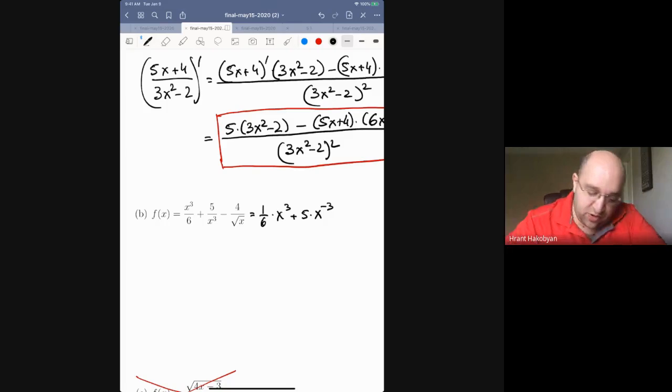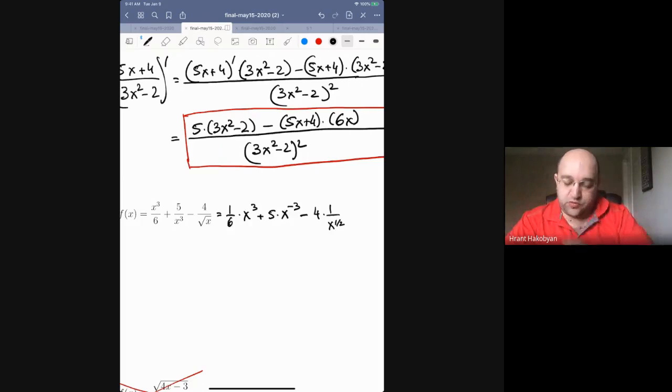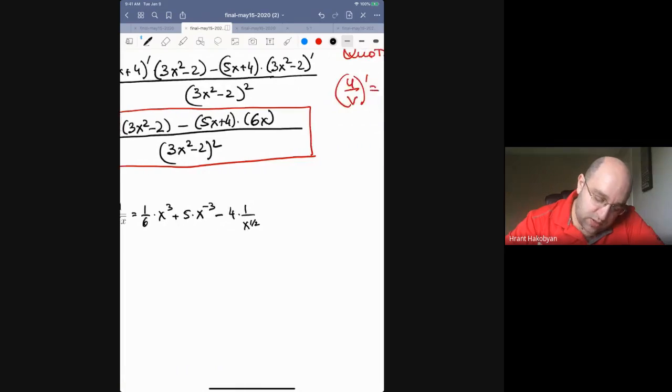If I have it in the denominator, then that's the same as a negative power. And then minus 4 times, well, it's 1 over the square root of x, so it's 1 over x to the power 1/2. Because it's in the denominator, I can move it up and write it as x to the power negative 1/2.